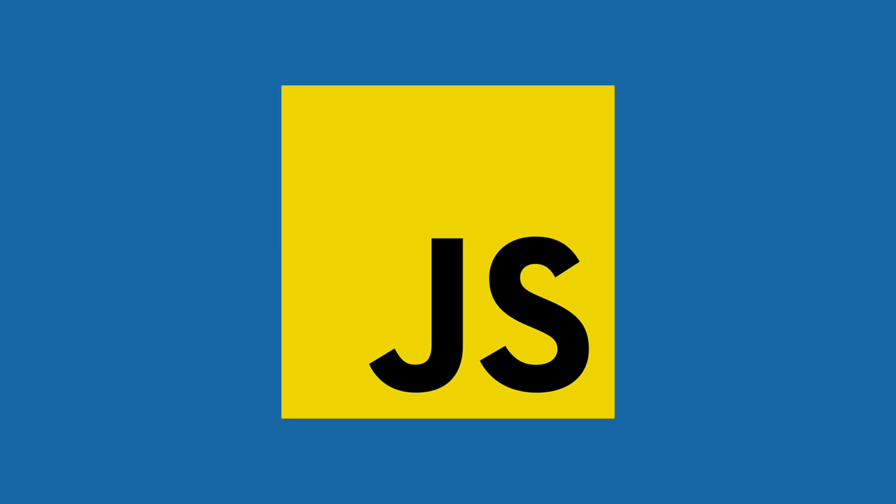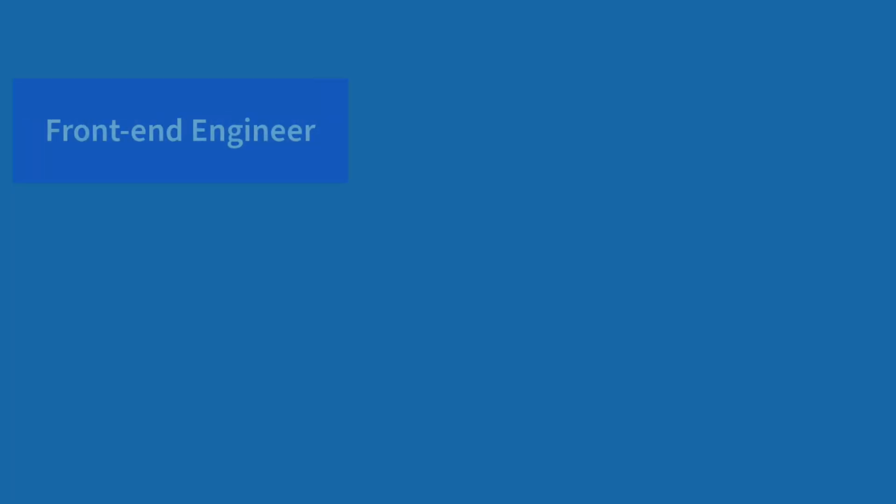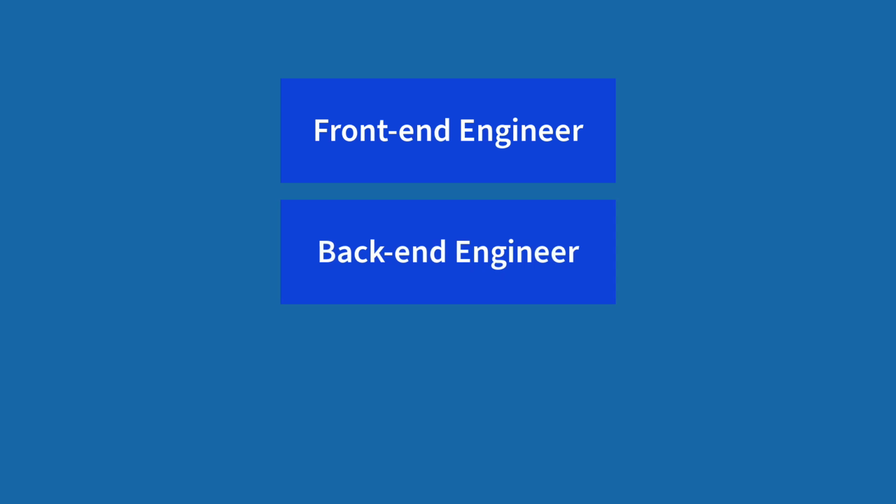The average salary in India for a JavaScript developer is around 6 to 8 lakhs per annum, and in the US or European countries, maybe somewhere from $70,000 to $150,000. Long story short, if you know JavaScript, you can become a front end engineer, back end engineer, or pretty much assume any role that is around the web.